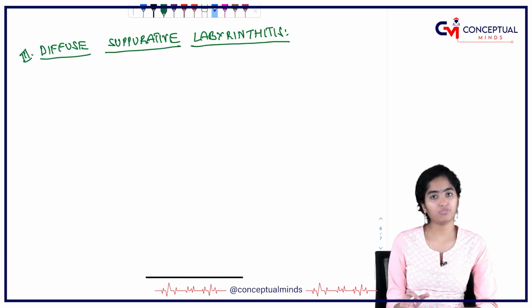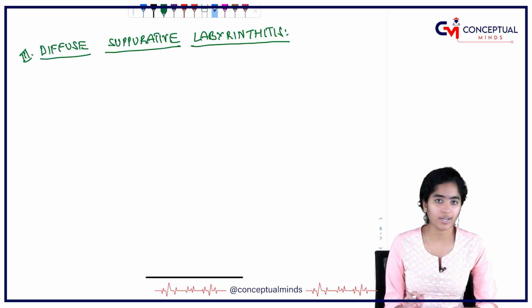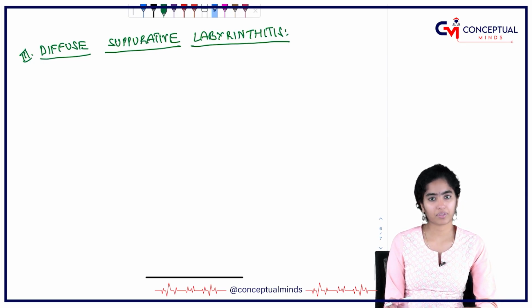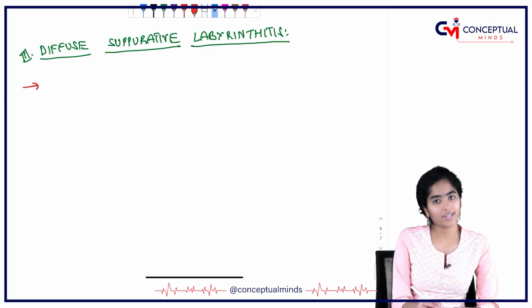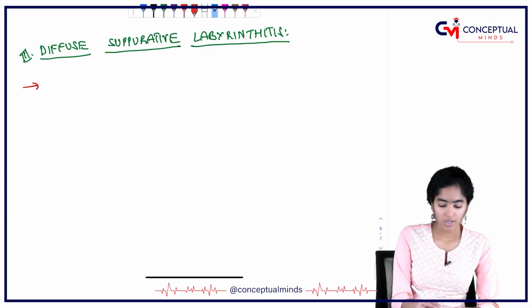An important feature of this is there is permanent loss of vestibular and cochlear functions. This could be a purulent peri- and endolymphatic condition. Both the perilymph plus the endolymph are affected. But the most important point is there is permanent loss of vestibular and cochlear functions.